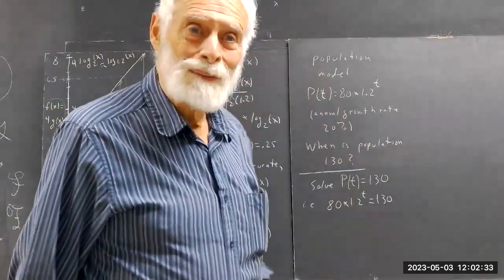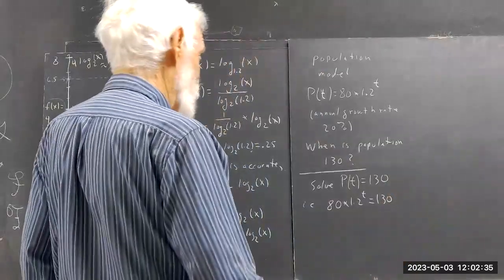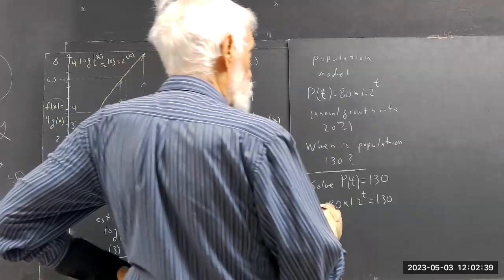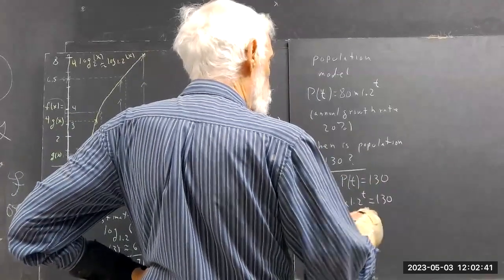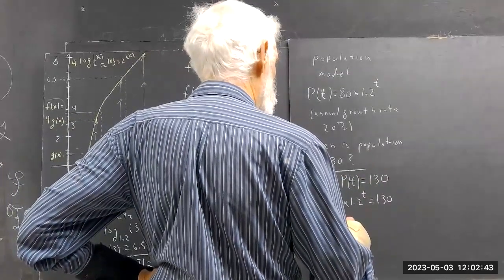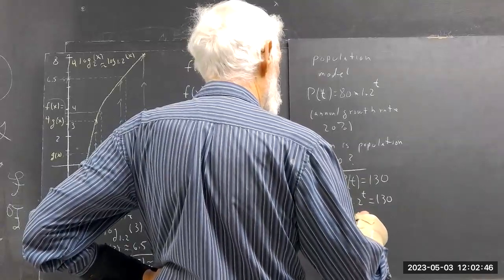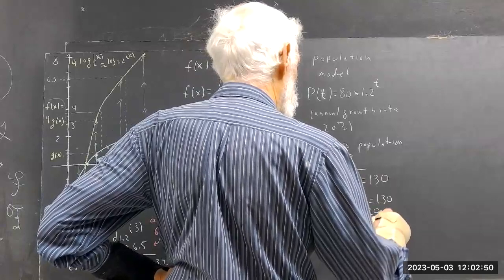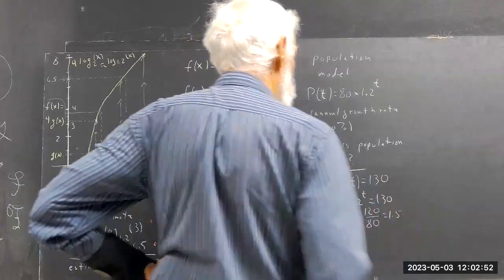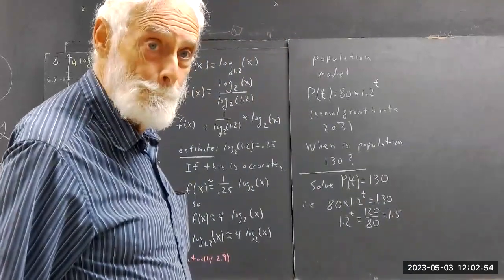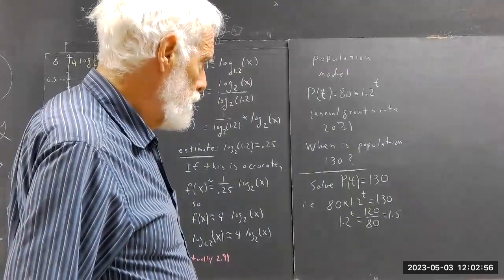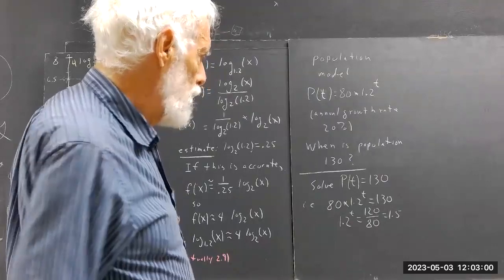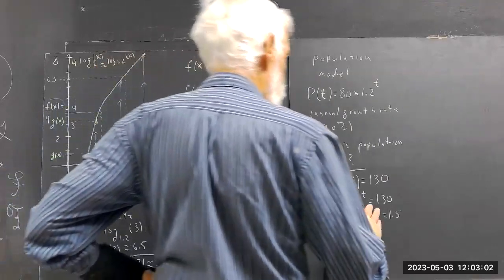Actually, you kind of do, because you did some logs and you remembered quite a bit of it. Okay, so what do we do? We divide both sides by 80. And that's 1.5. It's 130 on the right side.